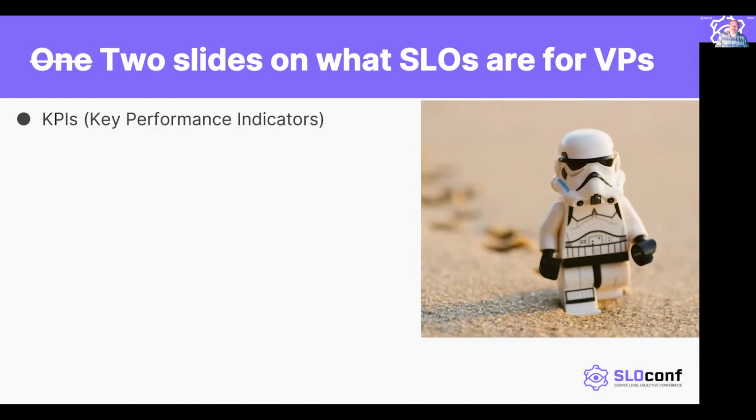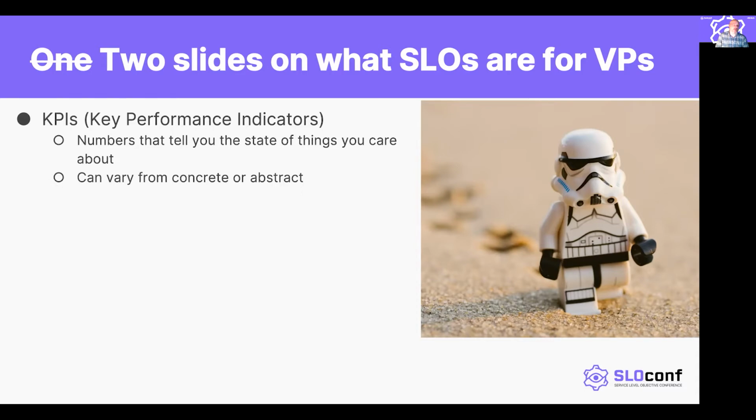Now, probably the closest analog to this that you will have come across before is KPIs, key performance indicators. And they are, just rehearsing the basics, numbers that tell you the state of things that you care about. They can be more or less concrete or abstract.